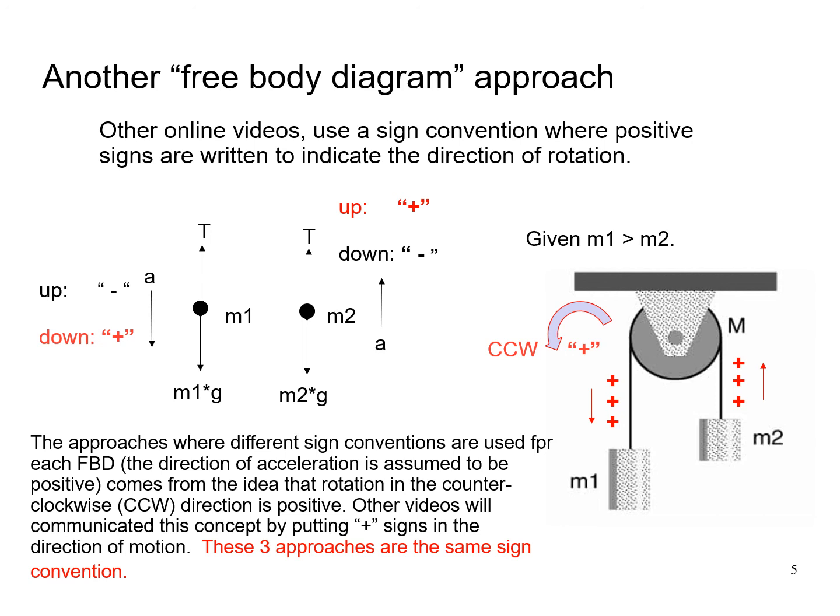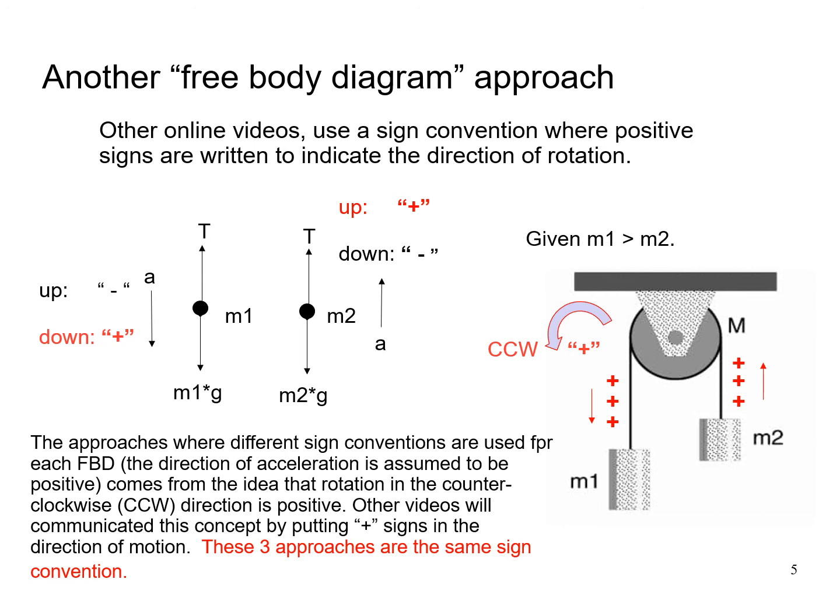That is, there's another sign convention based on the direction of rotation that says rotations in the counterclockwise direction are positive and clockwise rotations are negative. This notion comes from trigonometry where angles are positive when they are rotated in a counterclockwise direction. So torques would be written as positive quantities when they result in a counterclockwise rotation. And by extension, we would write that forces that drive a counterclockwise rotation of the pulley to also be positive.